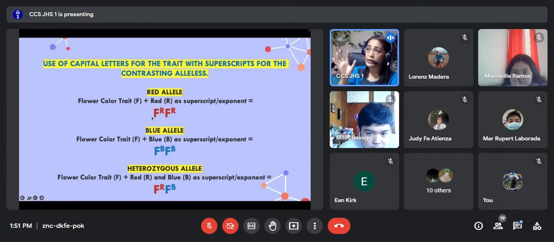If you take this as Mendelian genetics, this is capital R, this is capital R. But since this is incomplete dominance, the way it is represented must include the trait. That's why it's FR, FR. And here, it's homozygous, all red. This one is homozygous, all blue.